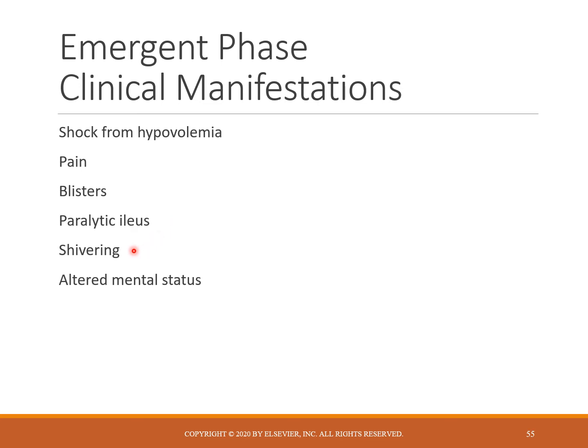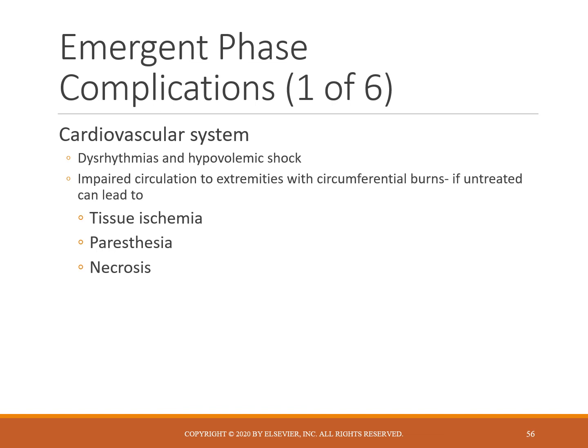They'll be shivering because they are having an infection in addition to burn injury, as part of the body's compensatory mechanism is to increase the temperature. So your patient can have fever, chills, and they will shiver. And again, they can have altered mental status.